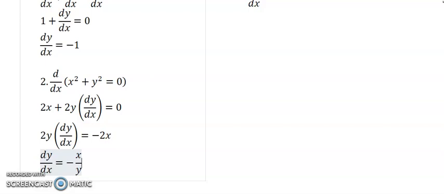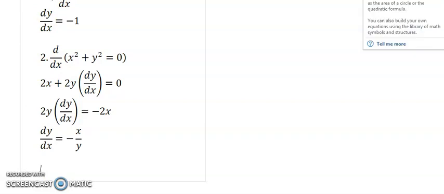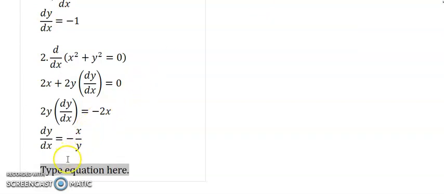Okay, let's go ahead and solve number 3. On number 3, we have xy equal to 1.